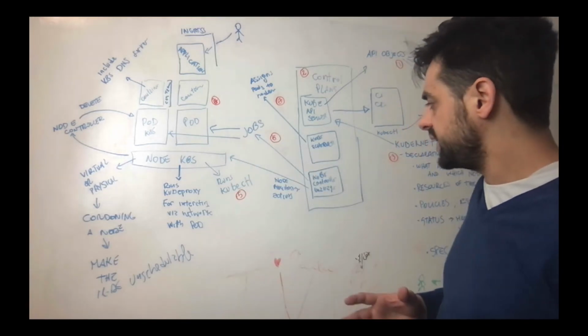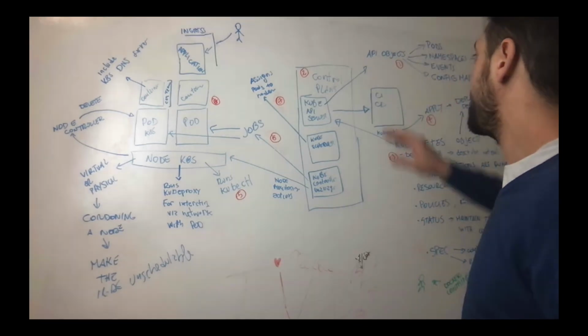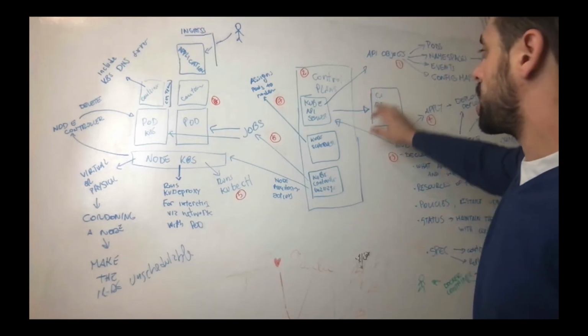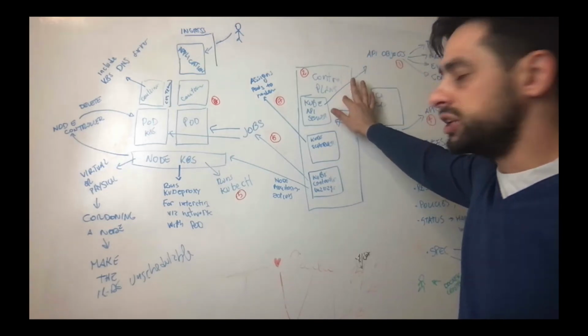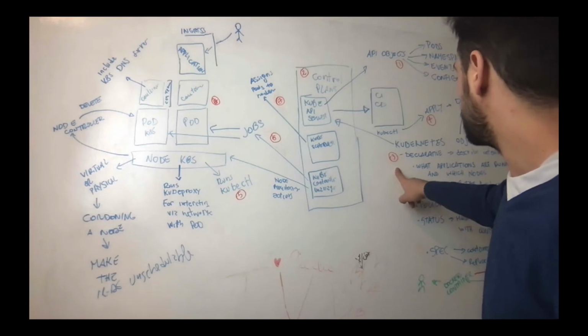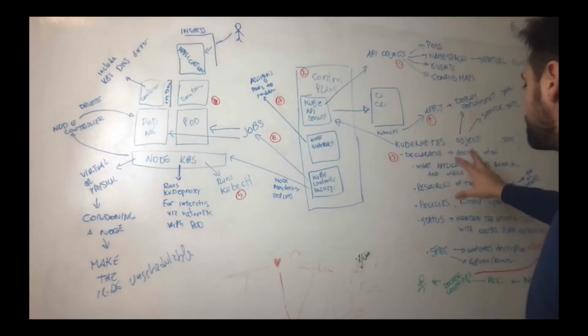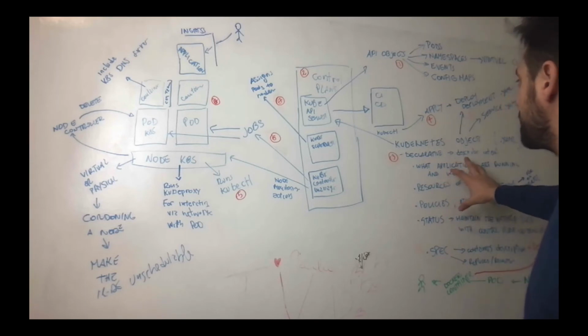In this process then, just to reiterate, we have API objects which are submitted to a Kubernetes control plane. The API objects are defined in a declarative approach, and they contain a set of information to run the application.